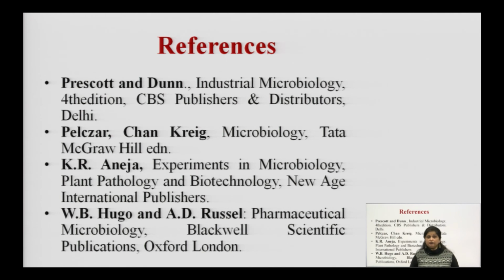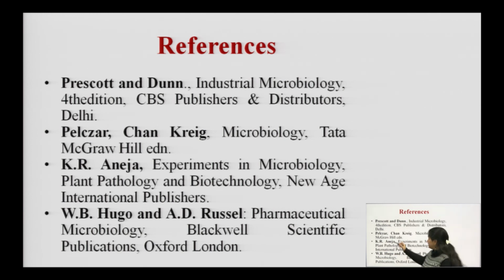So, these are the references which you can follow. First we went through microbial growth, and second we dealt with the counting methods, or quantitative estimation of viable count or total count, and in this I have explained the viable count, how to find the viable count using the serial dilution plating technique.